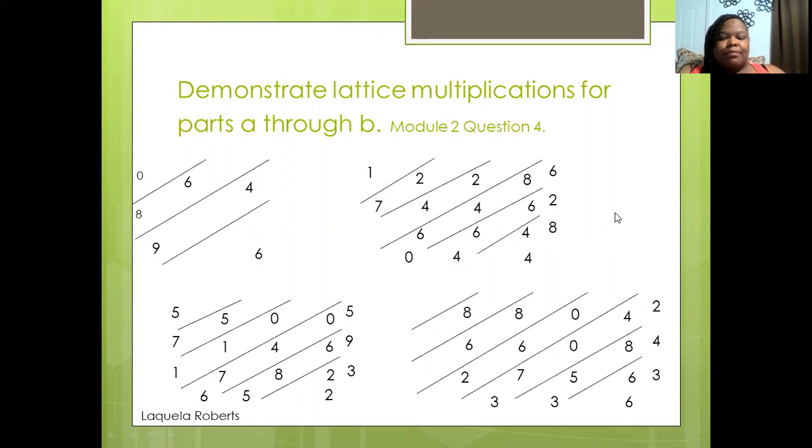Question 4. Demonstrate lattice multiplications for parts A through B. So here we go. As you see, it gave us 0 and 2. So we had to come up with the other ones, okay? So what we have here is our numbers 28 and 32, okay?